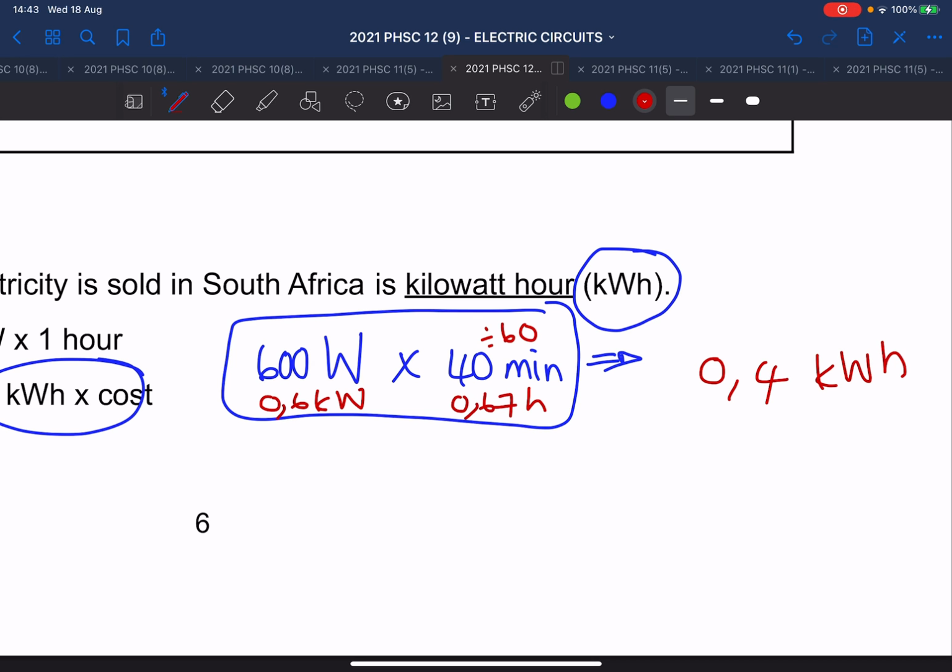It depends on the place, but I think it's about 2 rand. Sometimes a bit more, sometimes a bit less. More or less 2 rand. So let's say your fridge is on for 40 minutes, not even an hour, how much will it cost you? You're going to say 0.4 kilowatt hour times 2 rand, and that will give you 80 cents.